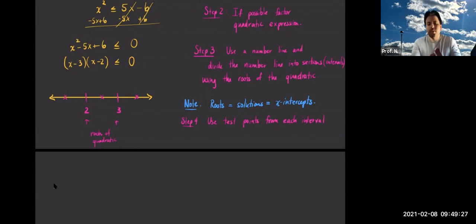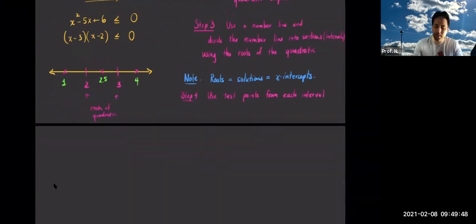So a number smaller than 2 would be 1, right? Perfect. So 1. And then what's a number between 2 and 3 that's easier to use? 2.5. Okay. See, you start to get the hang of it. And what's a number bigger than 3? 4. Okay, so I'm going to use these numbers. These are my test points.